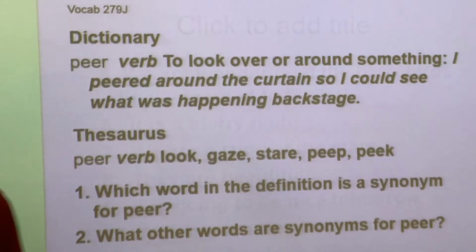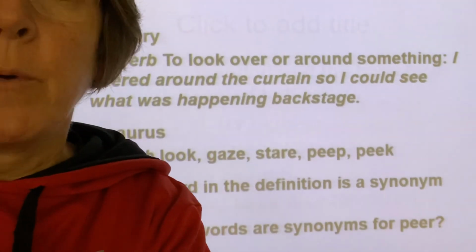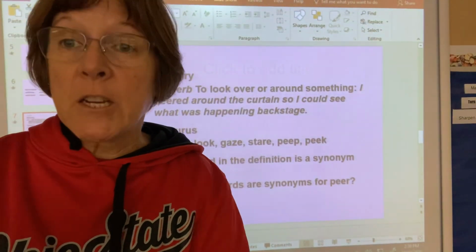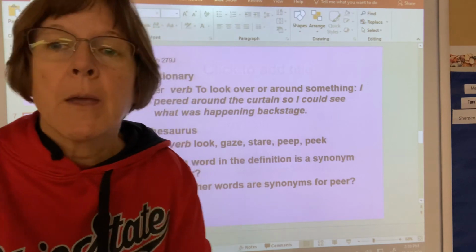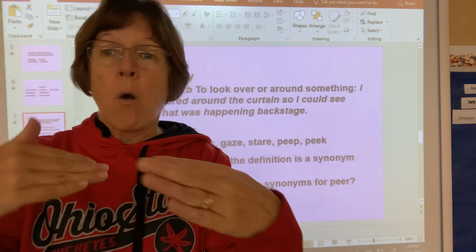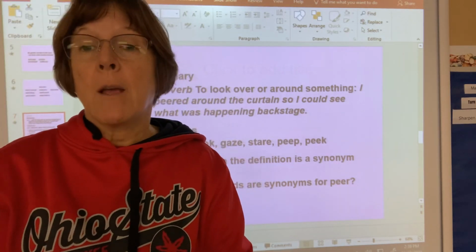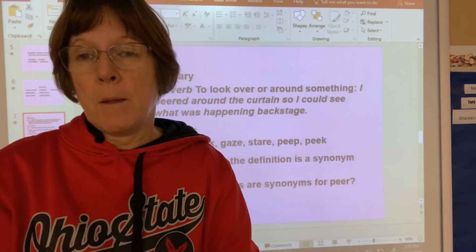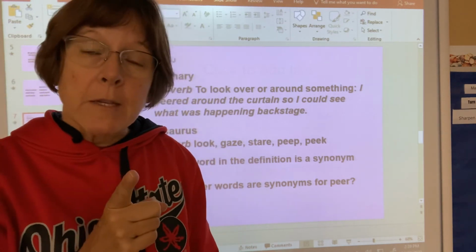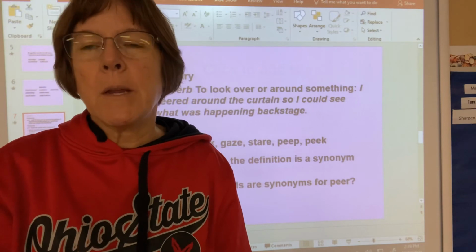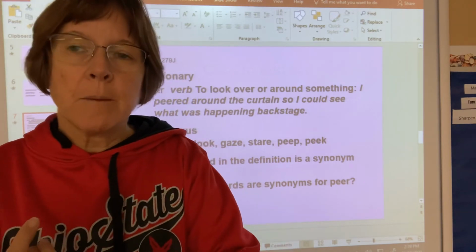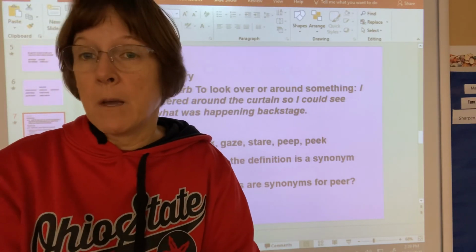Now, we're going to talk about the difference between using a dictionary and a thesaurus. Remember, a dictionary has all the words in the English language, and it tells you what they mean. A thesaurus is not going to give you meanings. It's going to give you either synonyms or antonyms of those words.